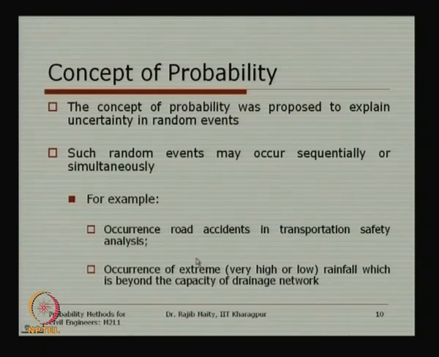This kind of random event is very important for our civil engineering purposes, and we will learn the ways we can assess the probability, and how different methods of probability can be applied in that kind of analysis.